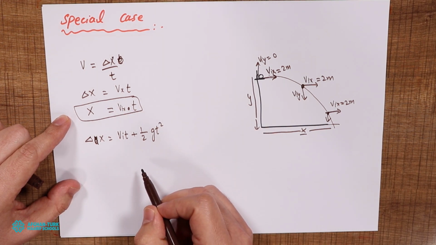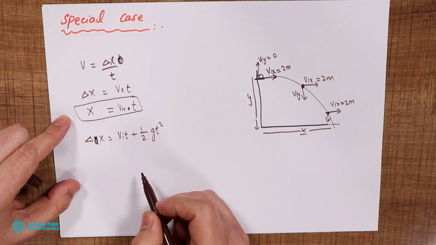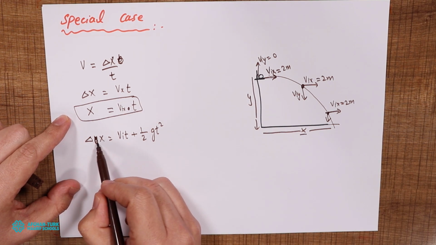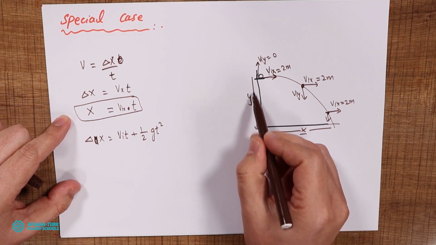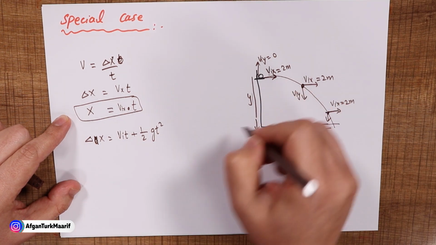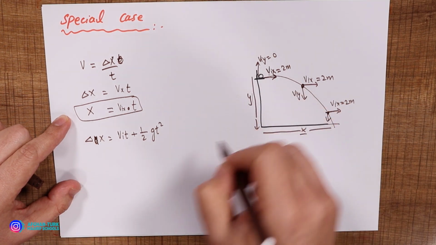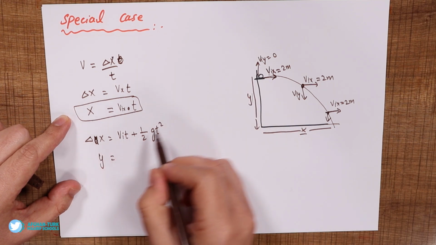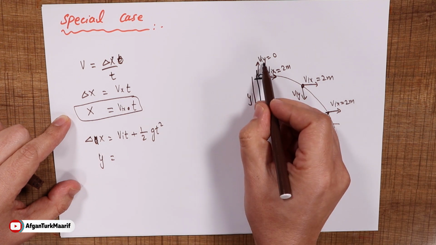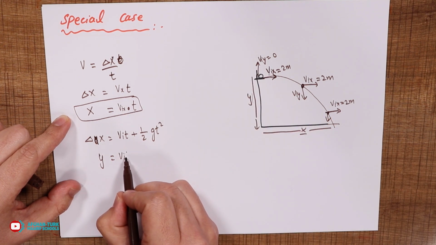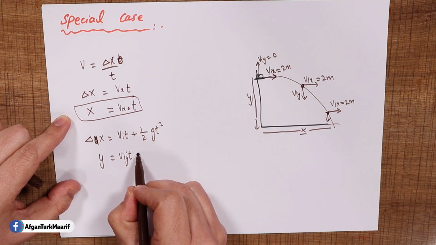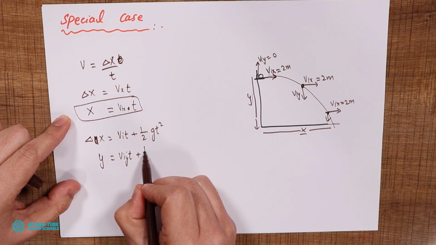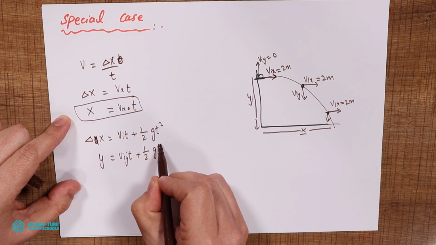We already proved this one in the previous video. So now here delta x is equal to y if we want to find the vertical side distance or displacement. So this is equal to y, and here this vi is equal to viy t plus half g t square.